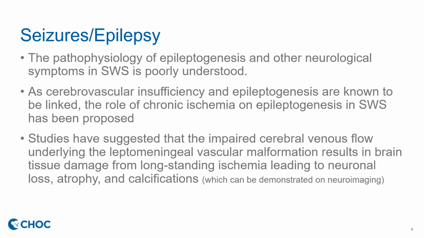Some authors also think that the calcifications that collect there are by themselves very irritable to the brain cortex, and can cause seizures. We also know that in other conditions, like patients who have strokes, there's a higher risk for seizures. So when the brain has a lack of oxygen, ischemic changes can increase the risk for seizures.